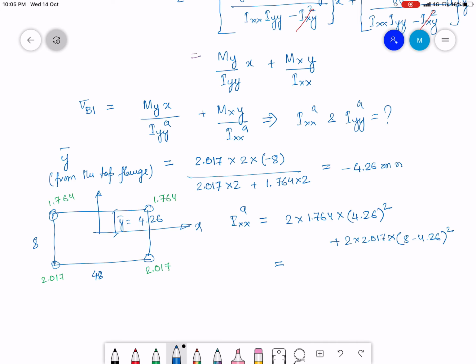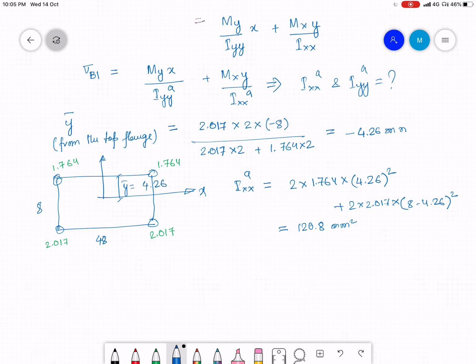If I calculate this, it comes to 120.8. Similarly, Iyy A is going to be 2 into the corresponding terms, which is equal to 4359.